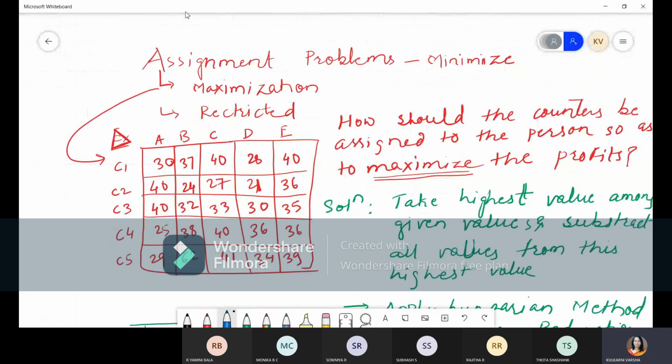So at these places we have to find out. We need this value. Then we need this value. Then again this one. Then we need this one. And then finally we need this one. So these are the values where we have done the allocations, right? We will be taking these values and we have to add them.